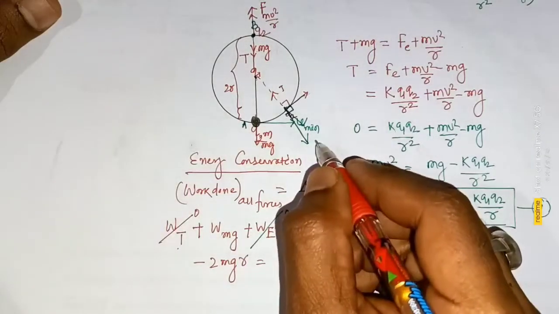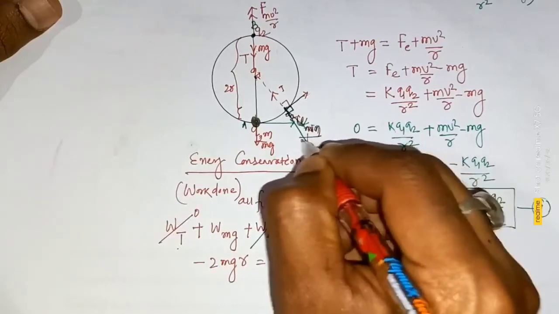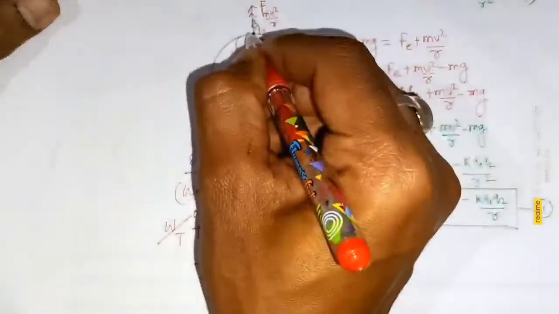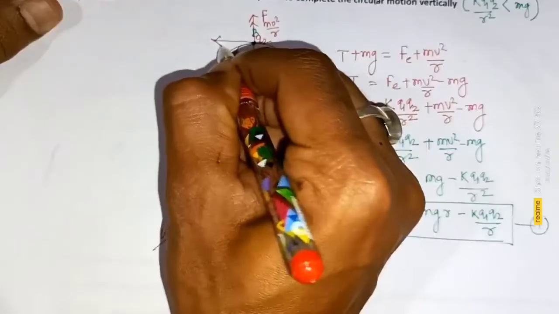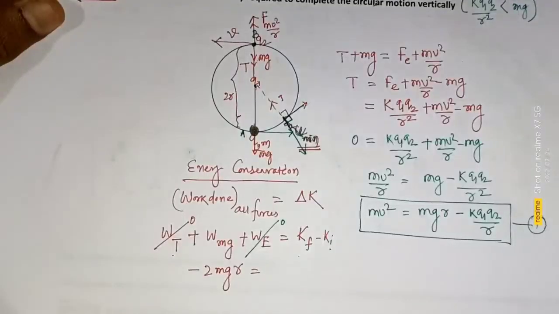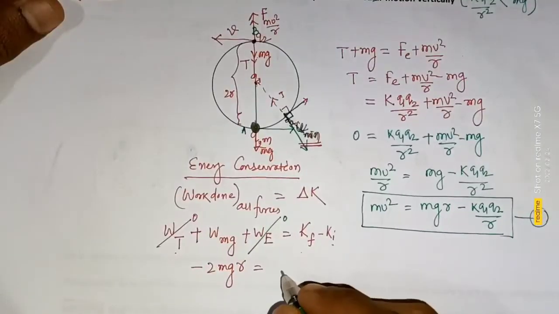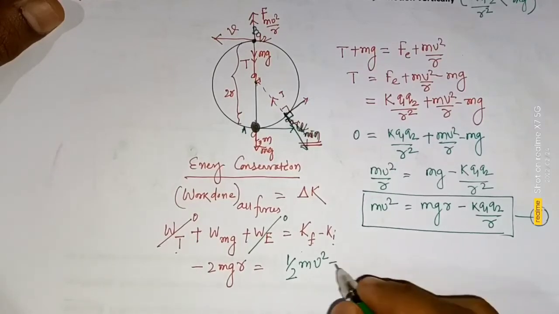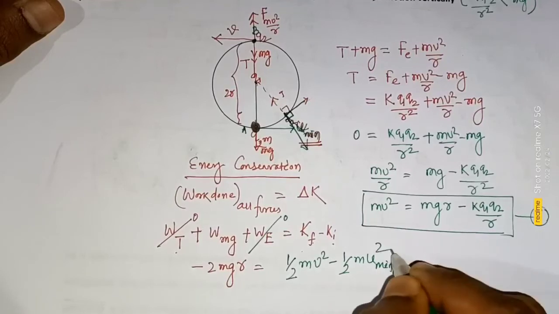K initial is based on the minimum velocity that I provide. And what is the final velocity? Suppose at this instant I call my final velocity v. So this is K final: half mv square minus half m u minimum square.